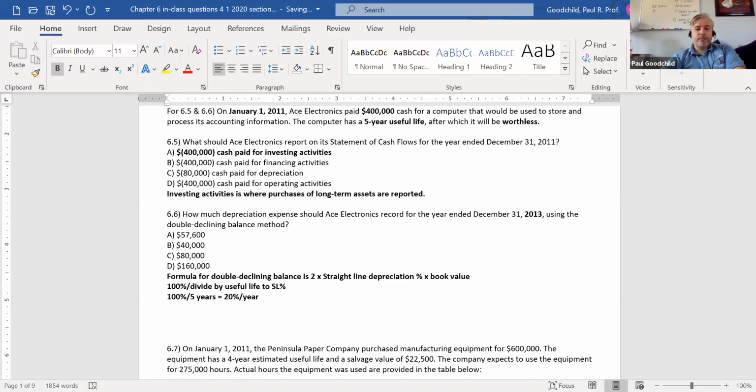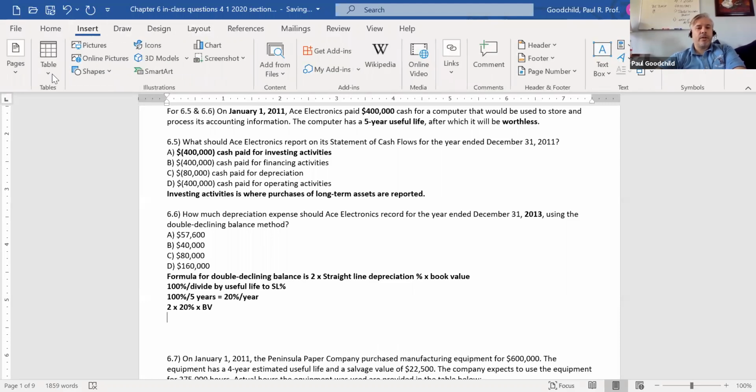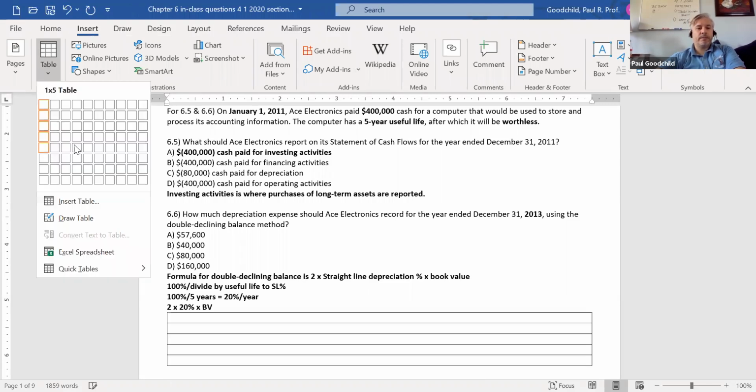So our formula would be 2 times 20% times the book value. So I'm going to create a little table here so that hopefully it will help us follow along.